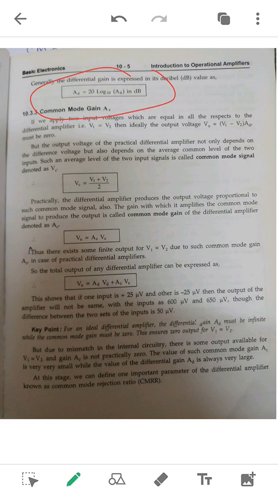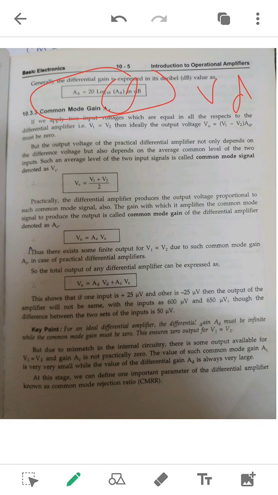It will be AD equal to 20 log 10 VD. Instead of here you have to write VD, that is the change. Generally the differential gain is expressed in decibels. So please remember, you have to calculate the differential gain for the op-amp in terms of decibels, dB.